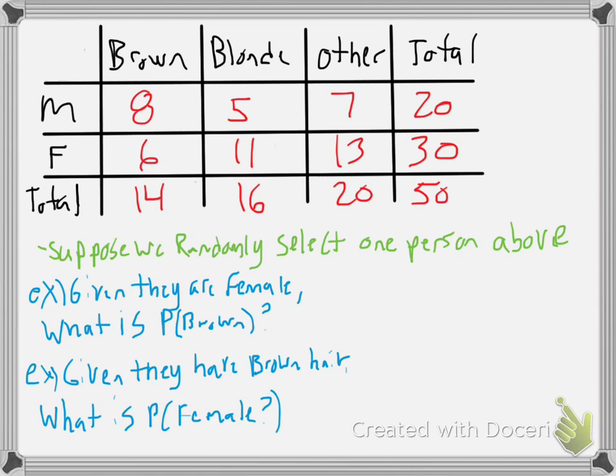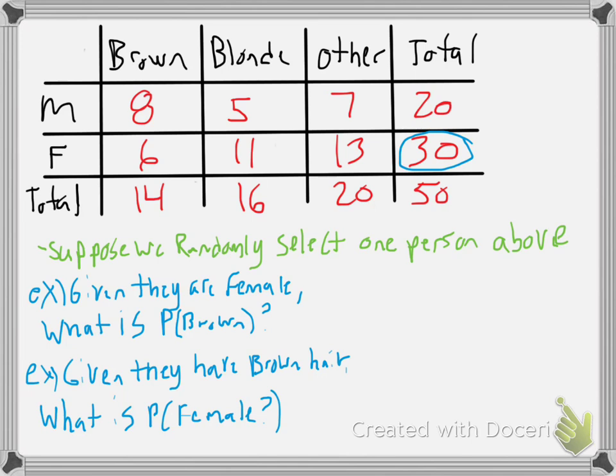Now, conditional probability, it's given a condition. Conditional probability kind of creates a smaller subgroup of the population that you do the probability out of. So in this example, if we randomly select one person above, but we know, given they are a female, that means there are 30 females.